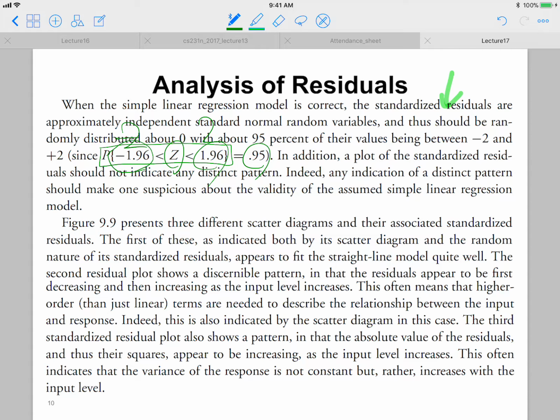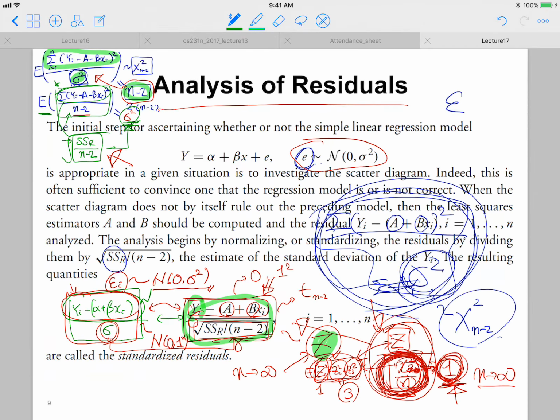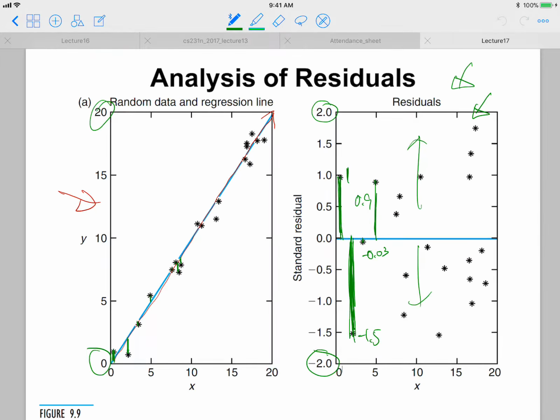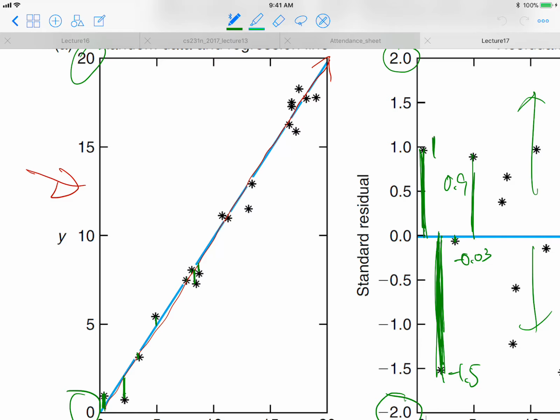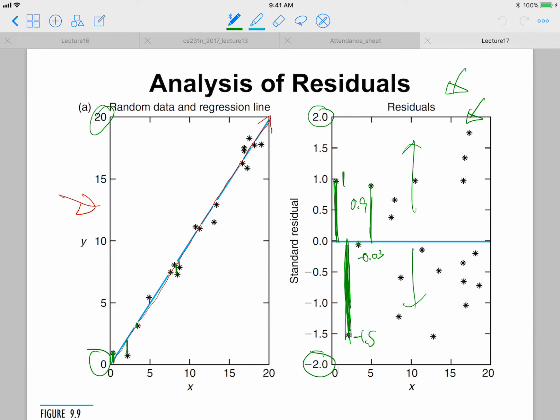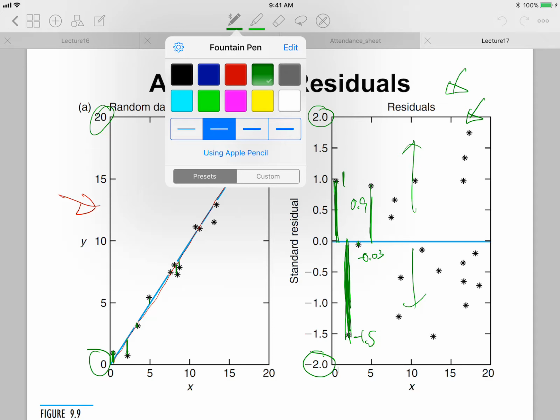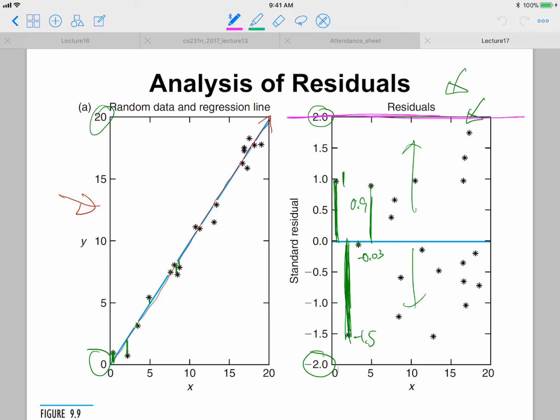So if 100 points were initially given in order to fit our linear regression line, and after fitting the line we compute the residuals for each data point, and then we draw them in this manner, ranging between -2 and 2, in this range there will be approximately 95 of the 100 residual values, right?